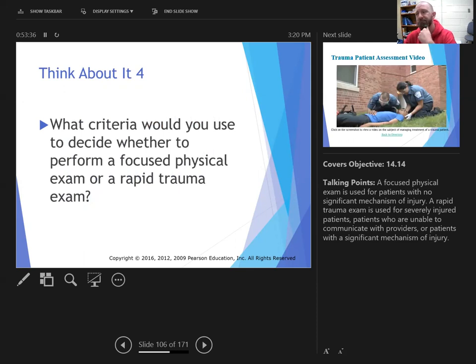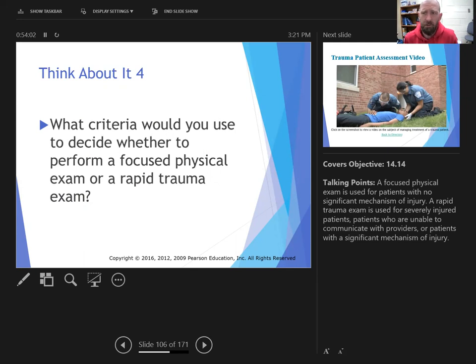All right, so what criteria would you think you'd use to decide whether or not to do a focused physical exam or a rapid trauma assessment? Now, to remind you, a focused physical exam is just on the area that's injured. Rapid trauma assessment is a head-to-toe assessment. What do you think?